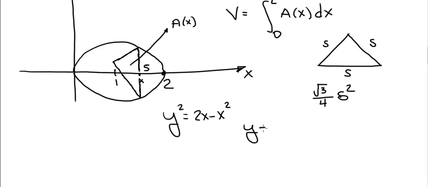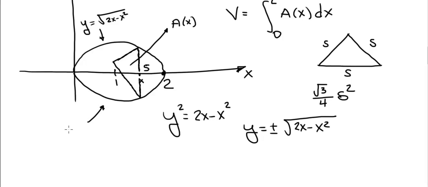So y will be plus or minus square root of 2x minus x squared. The upper semicircle here, that's y equal to square root of 2x minus x squared. And the lower semicircle, y is equal to minus square root of 2x minus x squared.